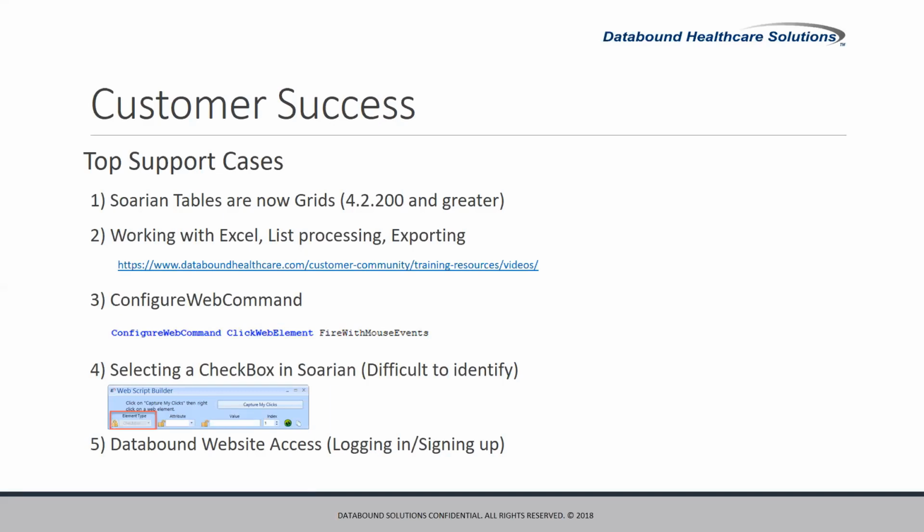The second thing is working with Excel, list processing, exporting. I guess Excel gets a lot of use in EMUE scripts. So I put up a training video that Lisa Atchison, one of our trainers, did a couple of years ago. It's very detailed, about a 10-minute video that goes through how to read and write out of Excel.